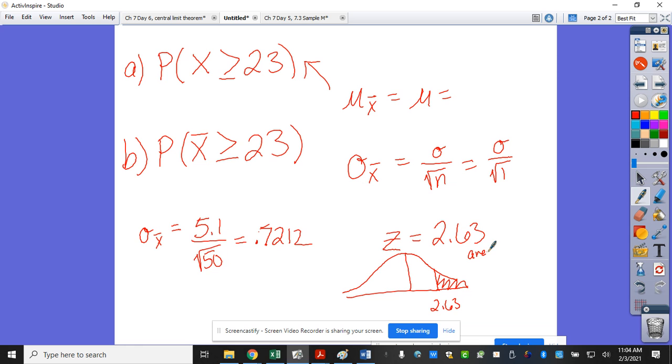What do you get when you look up this area? So then 1 minus that gives me, what'd you get here? 995 what? Which gives you 0.0043.